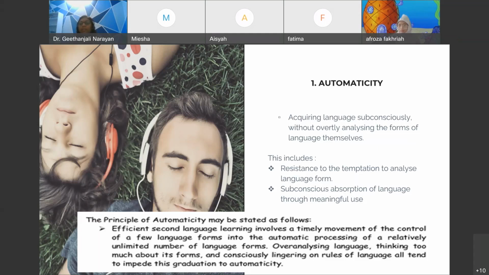All right. So this includes resistance to the temptation to analyze language form. You have already learned subject verb agreement, but you do not stop after every sentence or before every sentence to decide whether it's the appropriate verb form because of the subject. You don't analyze so much. The analysis is basically in terms of the context.